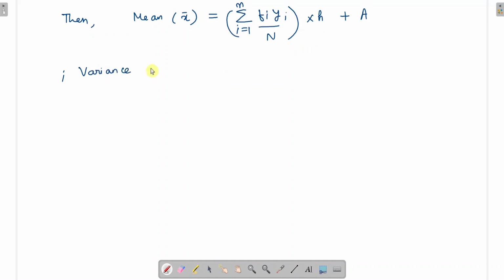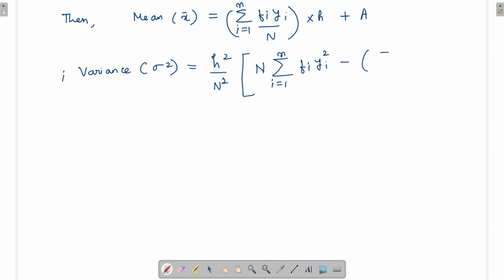Variance sigma square is equal to h square divided by capital N square, then N times the summation i going from 1 to n of fi yi square, minus the summation i going from 1 to n of fi yi, the whole square.